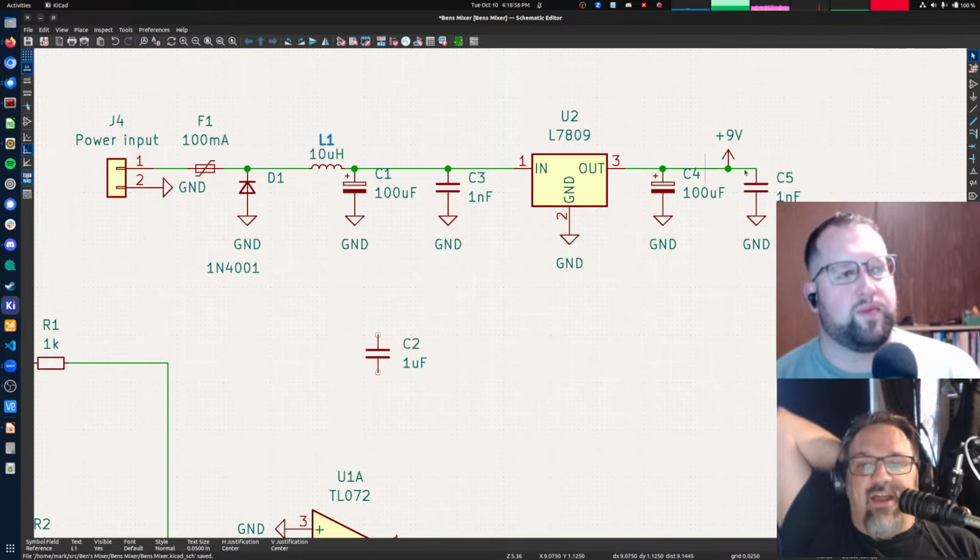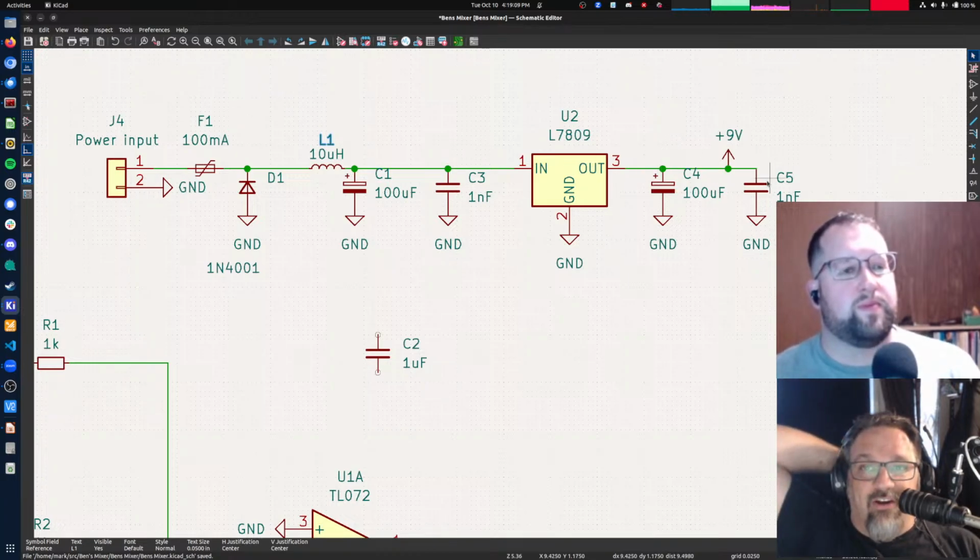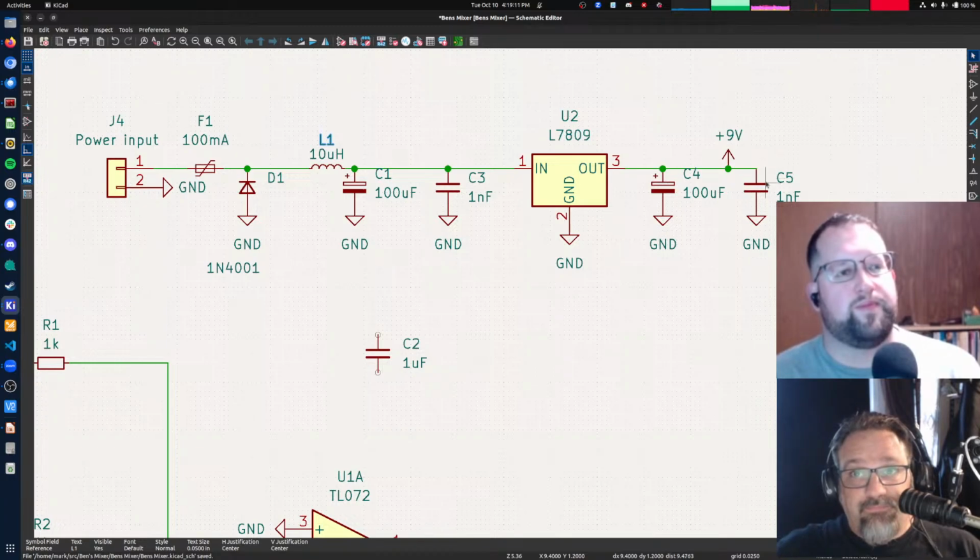So to have 9 volts output here, we need at least 10 or 11 volts input here. If your power supply drops below 10 or 11 volts, then your output here will start dropping as well. But as long as your power supply is at least 11 volts, this will output a stable 9 volts. Does that make sense?